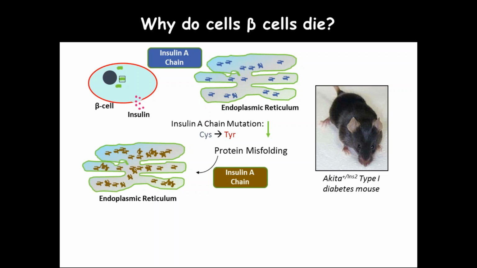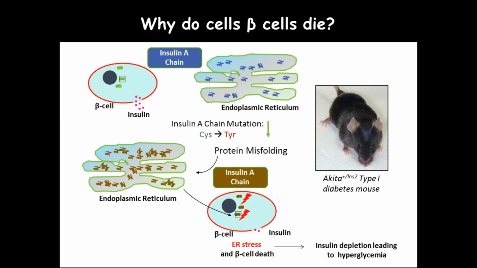Why does this matter? Why does it make a difference? Why does it cause diabetes? Because that misfolded protein can't be handled and it causes the eventual death leading to hyperglycemia. I'm going to show you our data which shows how that's involved, how mitochondrial function is there, and some strategies for therapeutic intervention.